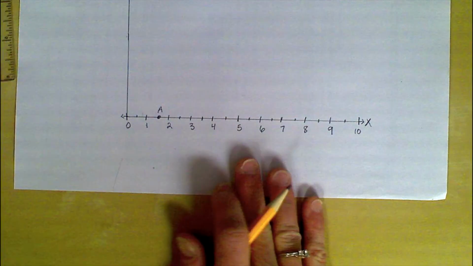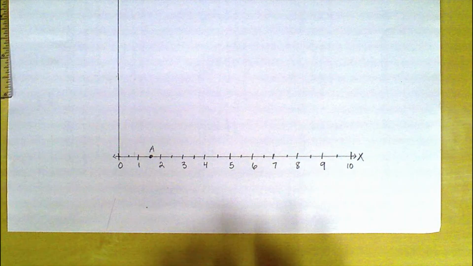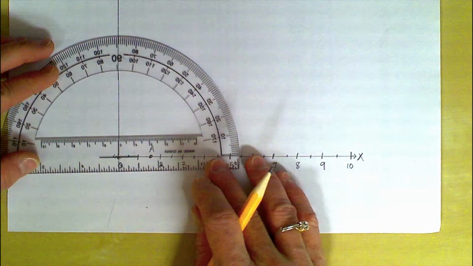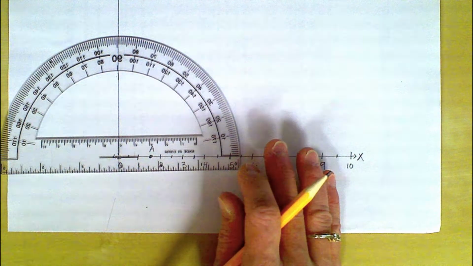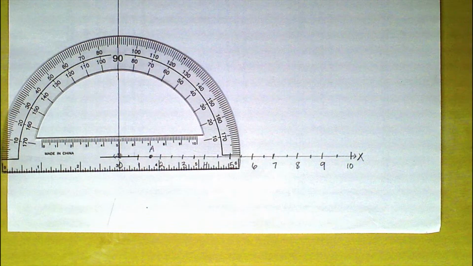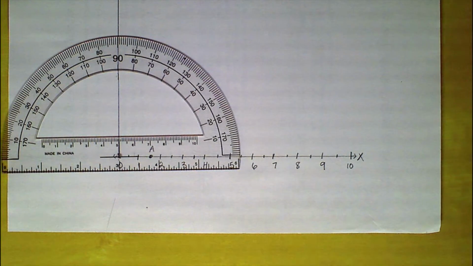Now, because we're using a protractor, not a set square, there's no guarantee it's exactly 90 degrees. But if I can put my plus sign right on there, ooh, that's backwards, hold on. And my line lines up with 90 degrees, I did a pretty good job. Okay?